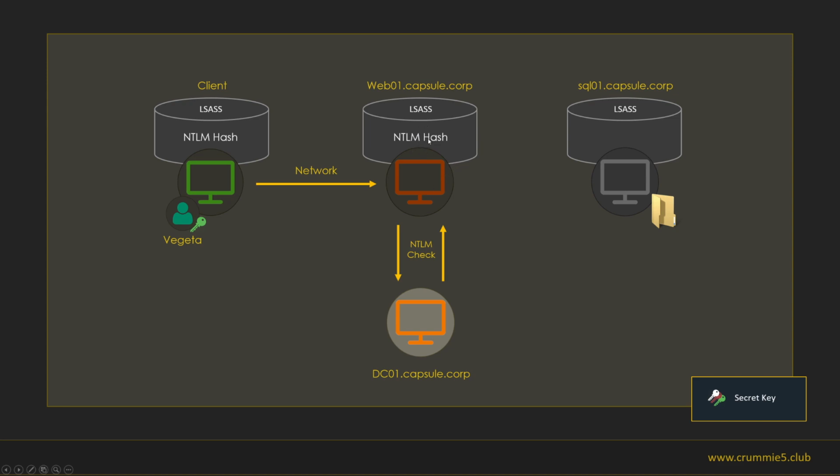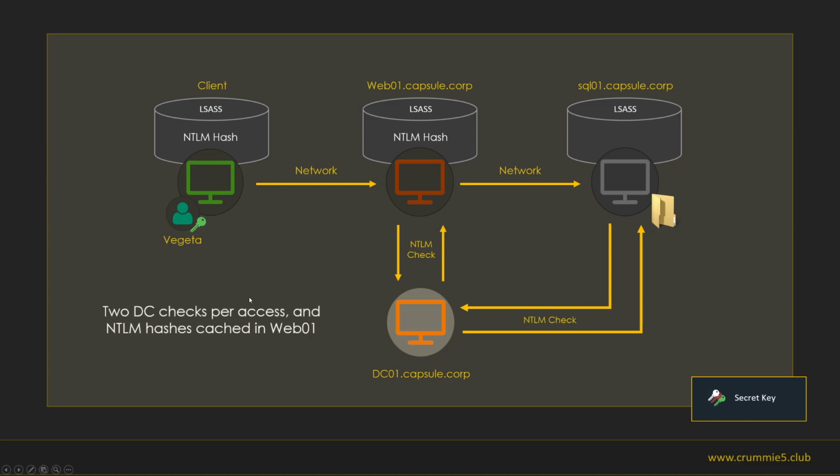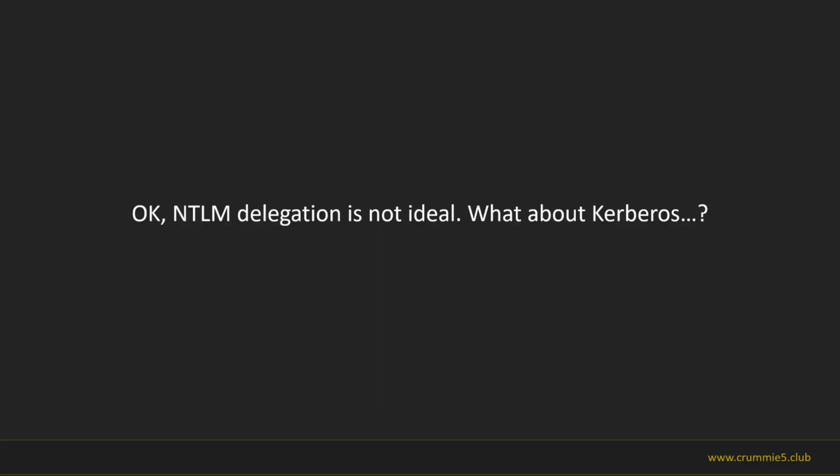So the server can use this credential material to try and access the remote folder on behalf of Vegeta. But this second access would need to be verified again with the domain controller. So we have two verifications per access, and we have NT hashes cached on the server. So this is not ideal.